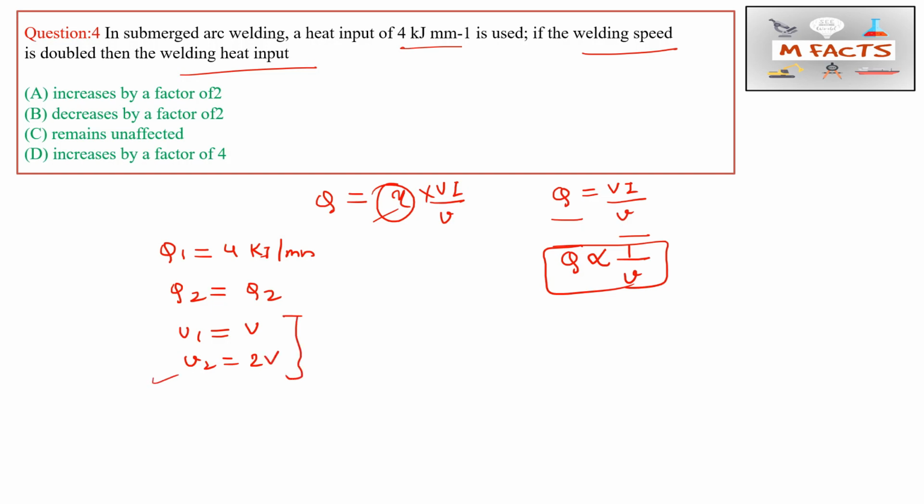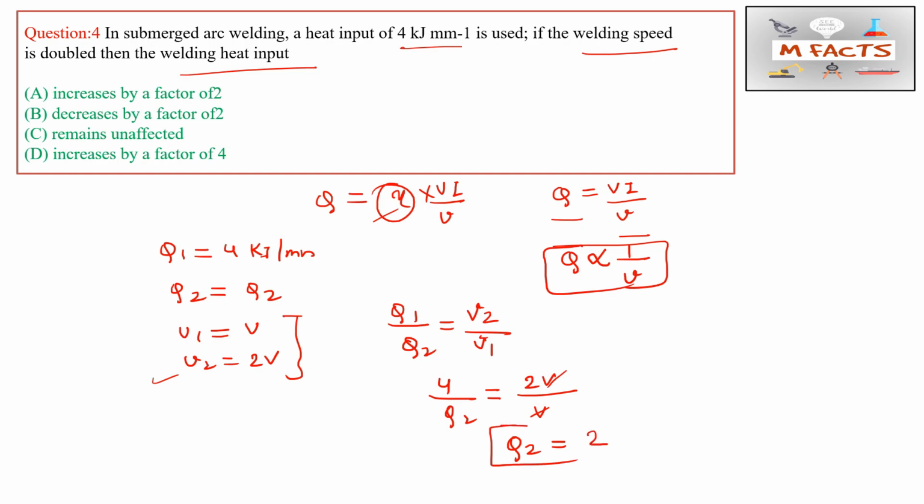We know the relation that Q is inversely proportional to the velocity, that is the speed of the electrode. So we can write Q1 by Q2 is equal to V2 by V1. This V is basically speed. Q1 value we know and Q2 we have to find. V2 is 2V, and V1 is V. So we find that Q1 by Q2 is equal to 2.